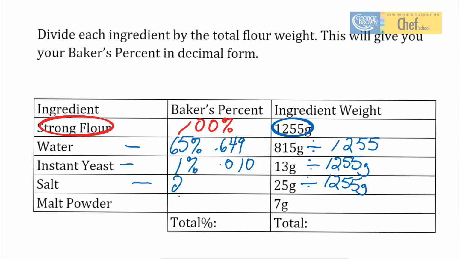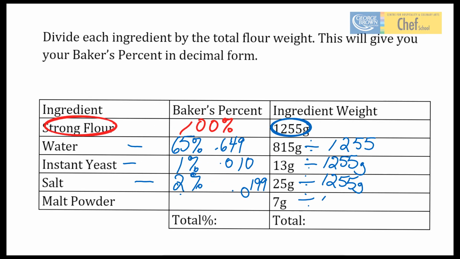So the salt, as I said, it's going to be 0.0199. So we're going to call that 2%. When we want to do our malt powder, 7 grams divided by 1,255 grams. Again, that gives us our figure of 0.0056. So what are we going to call that? Let's call that 0.6%.